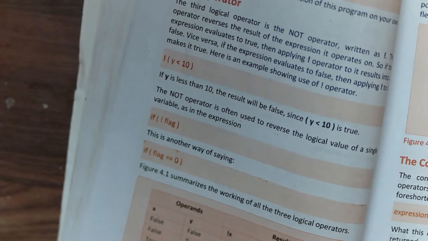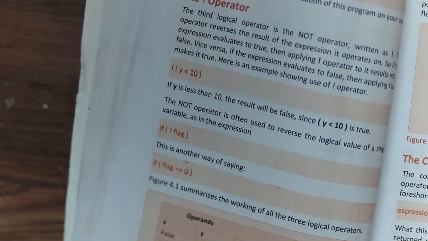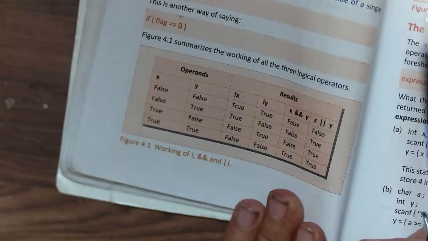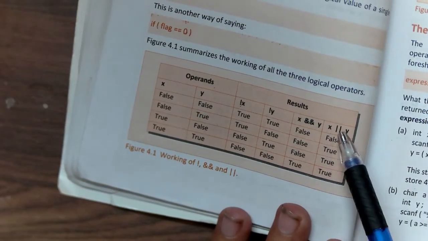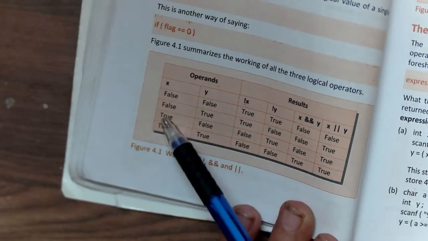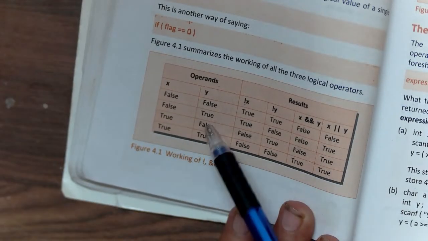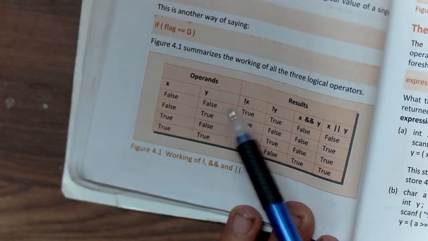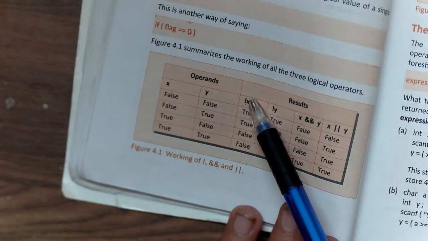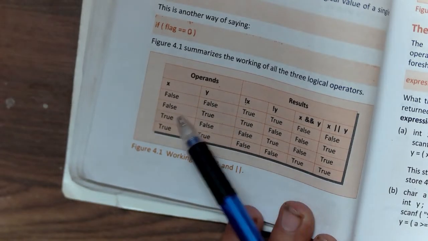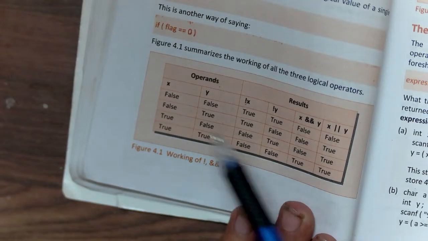Okay, so here we are going to see X or Y: false, true, true, true. So here when we apply not, false becomes true, false becomes true, true becomes false, true becomes false.